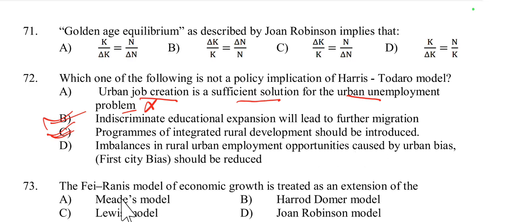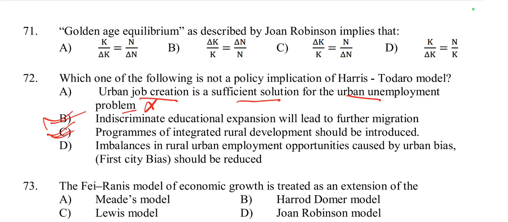Then the fourth one: the imbalance in rural-urban employment opportunity caused by urban bias should be reduced. So this bias should be reduced by this process. So this is also true. This is a valid policy implication, as reducing urban bias and promoting balanced development can address the migration and unemployment issues highlighted by the model.